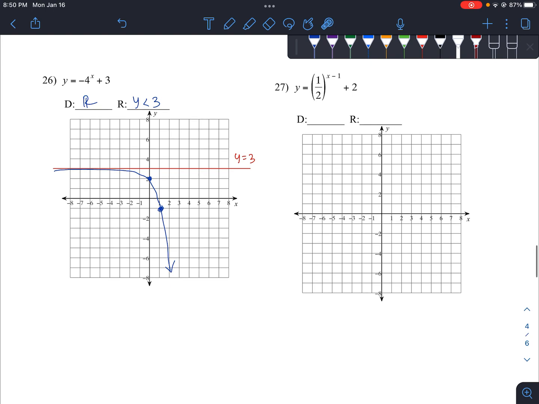Alright, and this last one right here, we have a base of 1/2, so this is going to be a decay function. So coming down like this rather than like this. Remember that this is neither decay or growth because it was reflected over the x-axis and moving down like that.